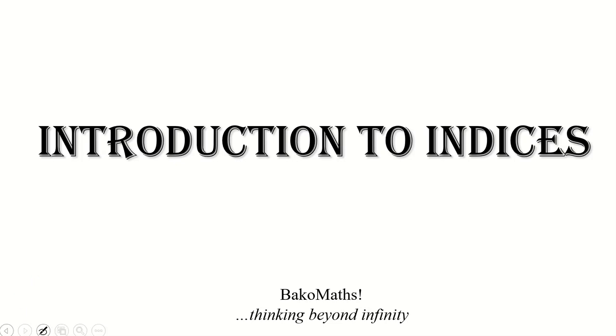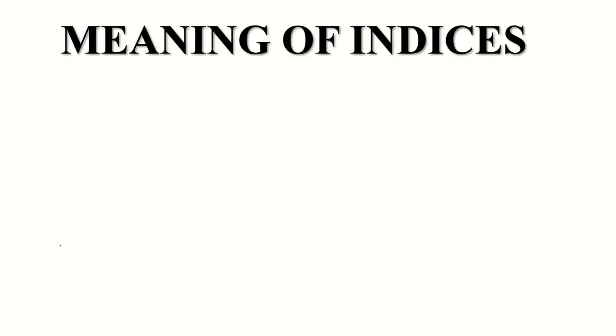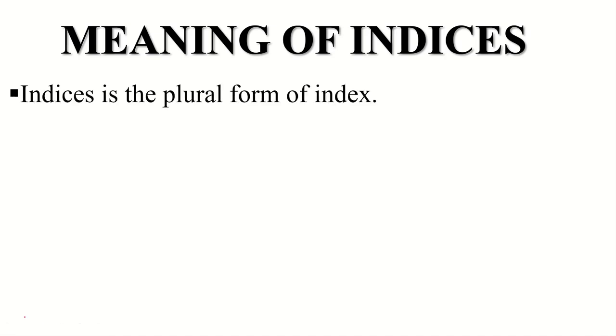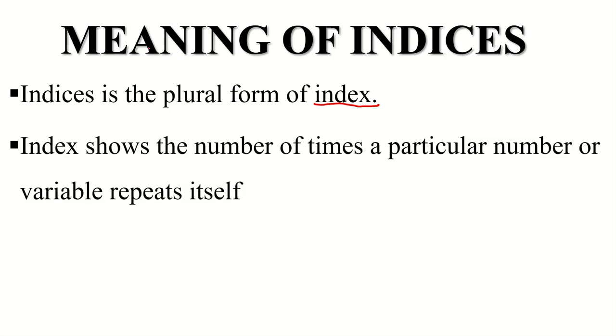Let's get started. We start with the meaning of indices. Indices is the plural form of index. So this implies that index is the singular form of indices, and indices is the plural form of index. Index shows the number of times a particular number or variable repeats itself.